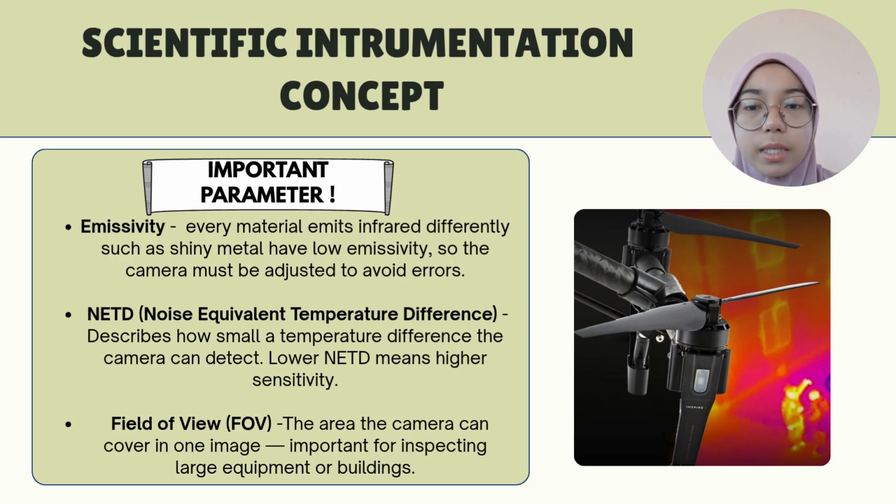The second one is NETD, noise equivalent temperature difference, which describes how small a temperature difference the camera can detect. Lower NETD means higher sensitivity. Last but not least, field of view (FOV), the area the camera can cover in one image, which is important for inspecting large equipment or buildings.